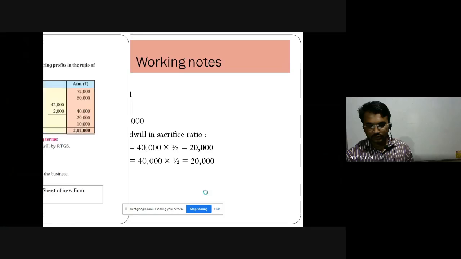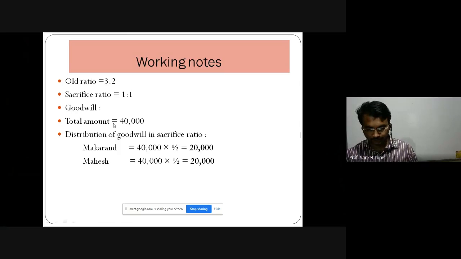Let's see the solution, in which I have provided some working notes. Old ratio is 3 is to 2. Sacrifice ratio is already given, 1 is to 1. So we always distribute the goodwill amount, or credit the goodwill amount, to the partners' capital accounts in the sacrifice ratio.